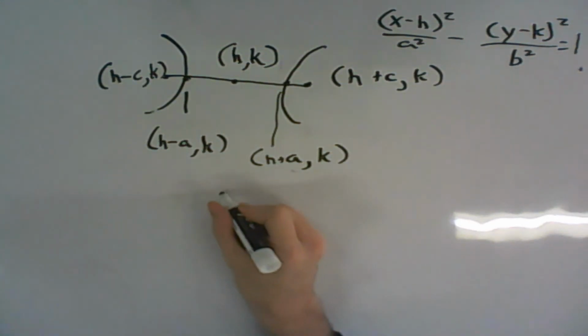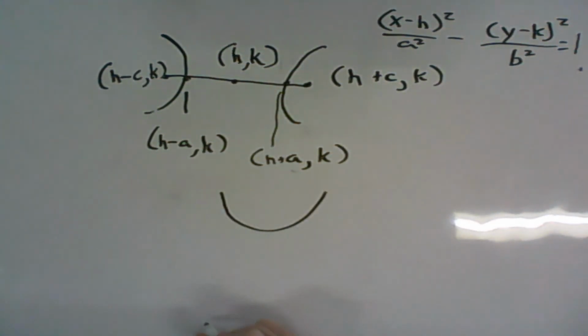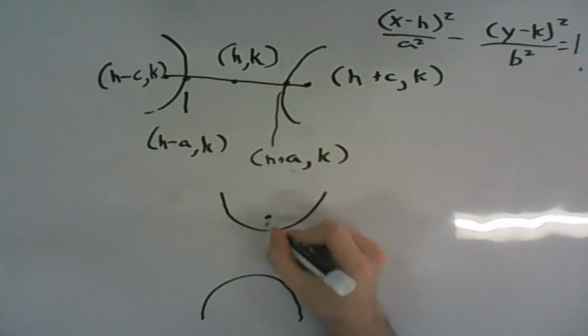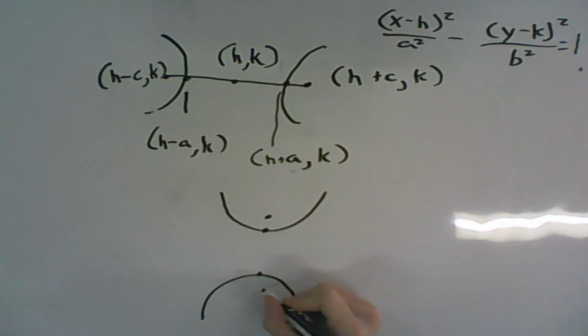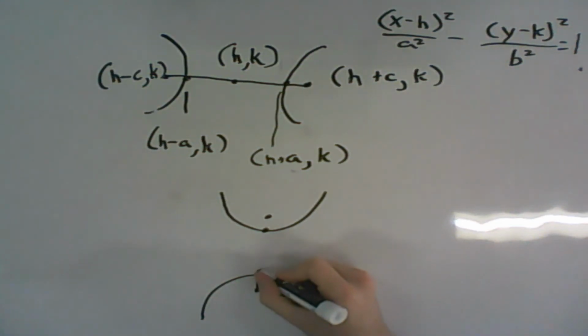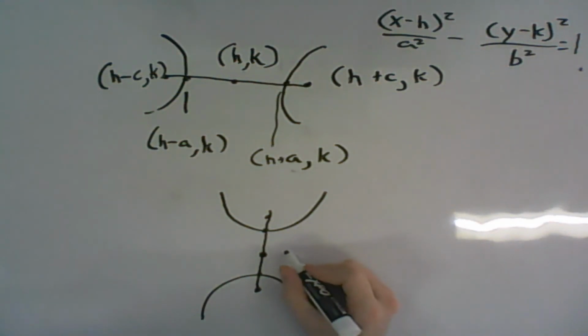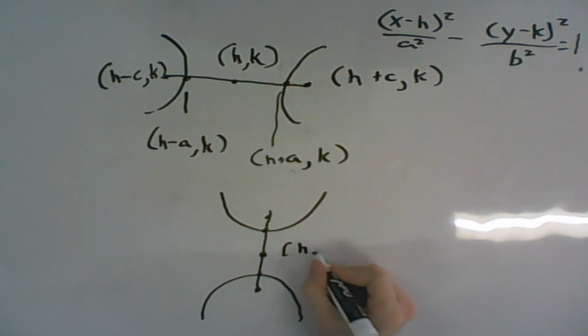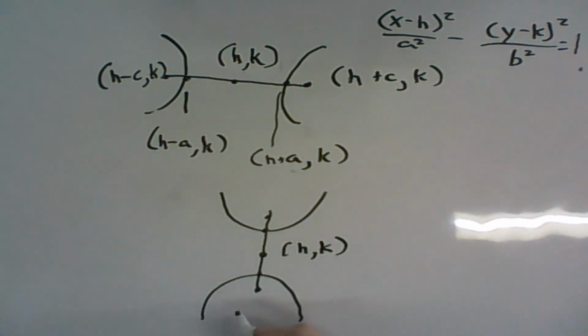Okay, now the vertical one is going to look like this. Again, H comma K is our center.